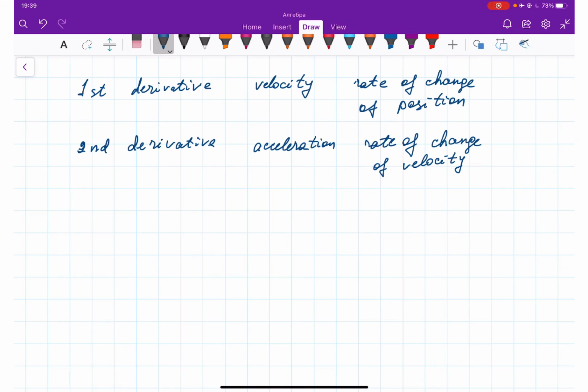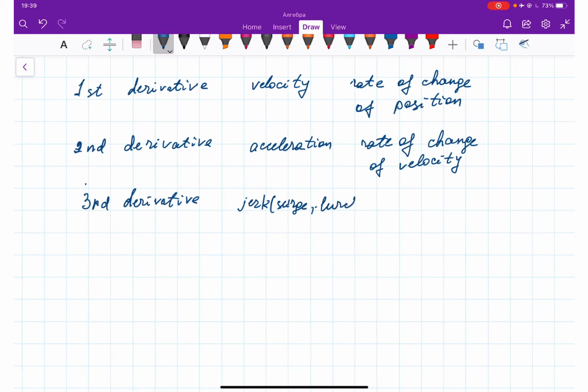If I take another derivative, the third derivative, it's going to give us jerk, or surge. Okay, and that's going to be the rate of change of acceleration.